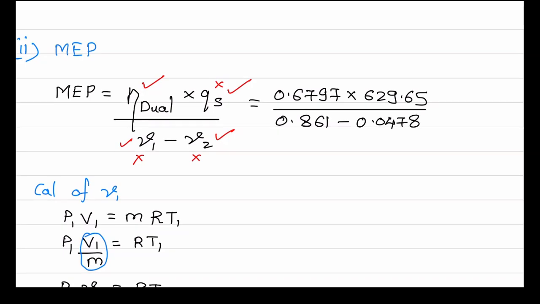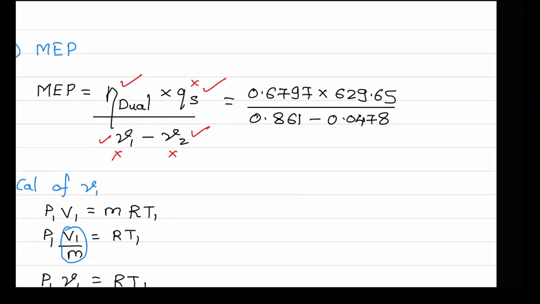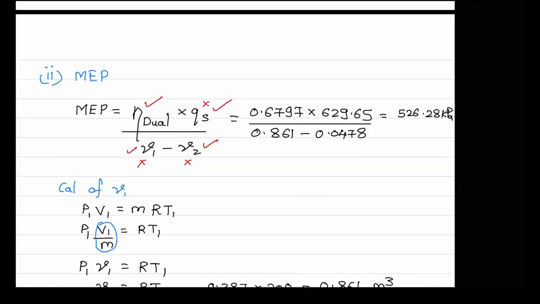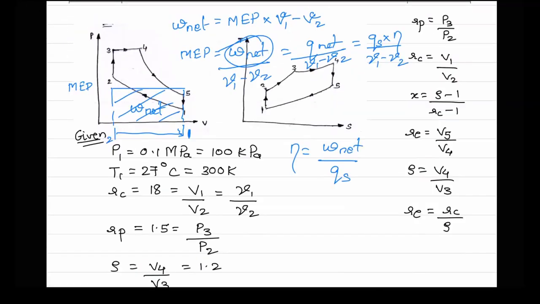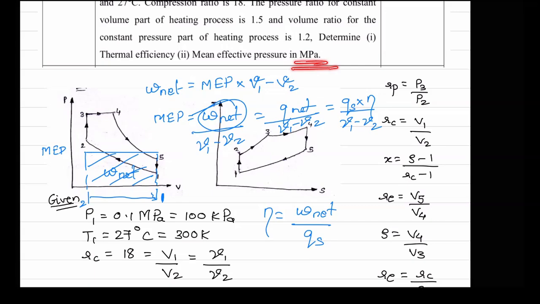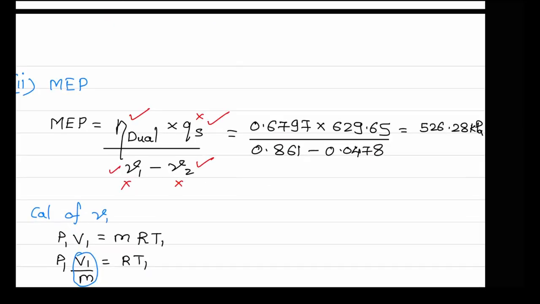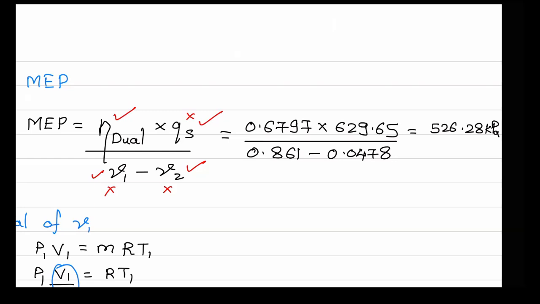It comes out to be 526.28 kilopascal. But if you recall, in the question the mean effective pressure has been asked in megapascal. So I need to divide it by 1000. If I divide this value by 1000, I get 0.526 megapascal. So this is the end of the question.